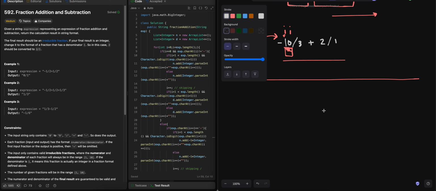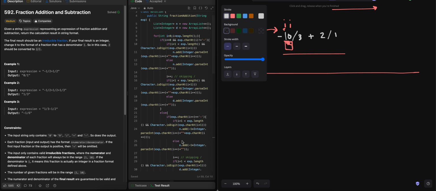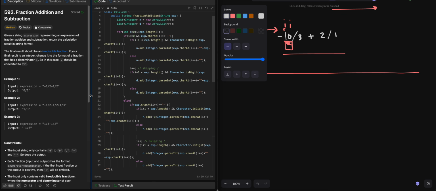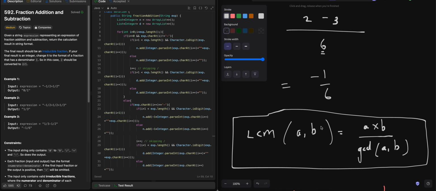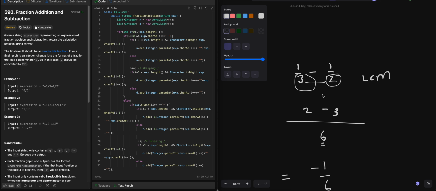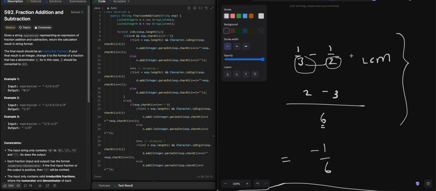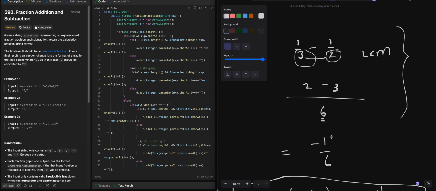So how will we achieve that? First of all, we are going to solve the problem mathematically, like we have solved here. If we are able to do that, in the end we will get some fraction as a result.